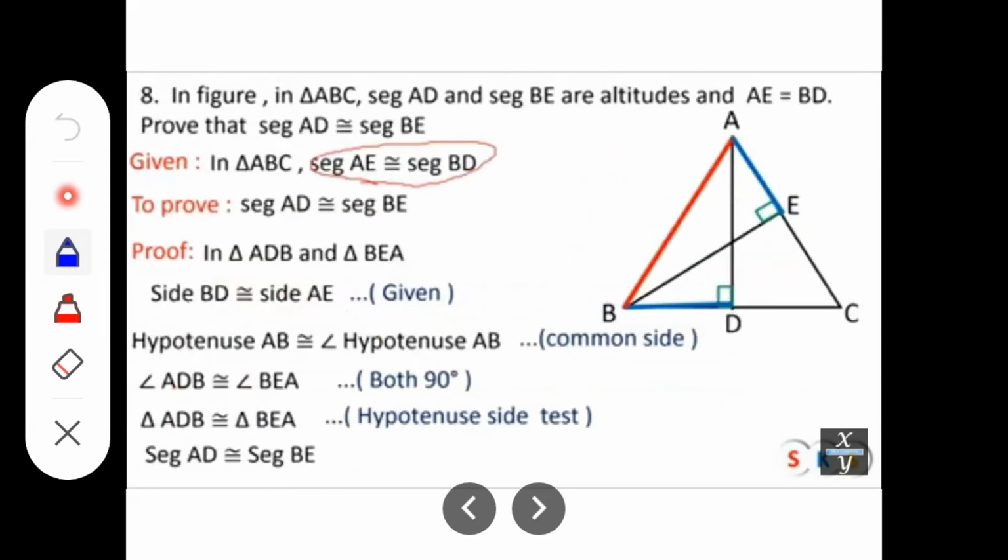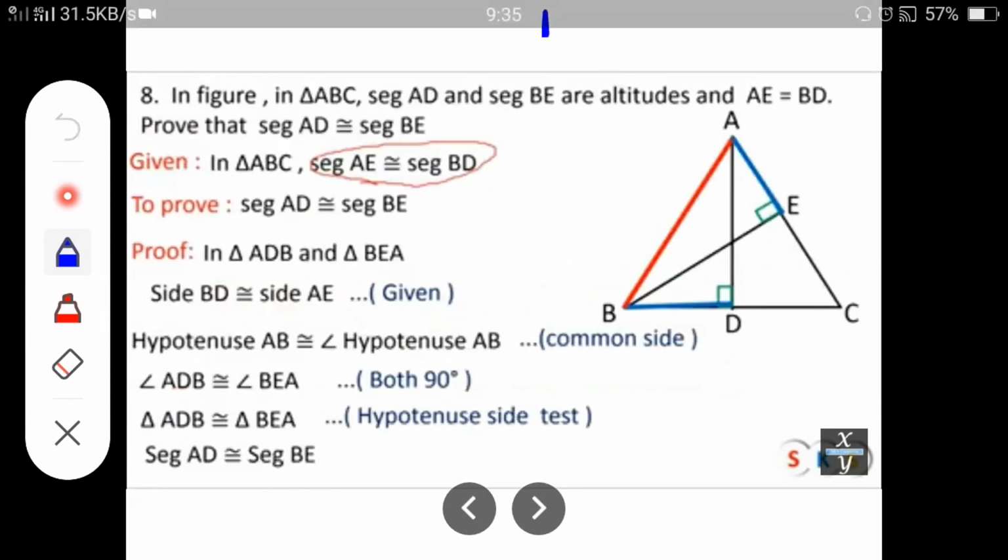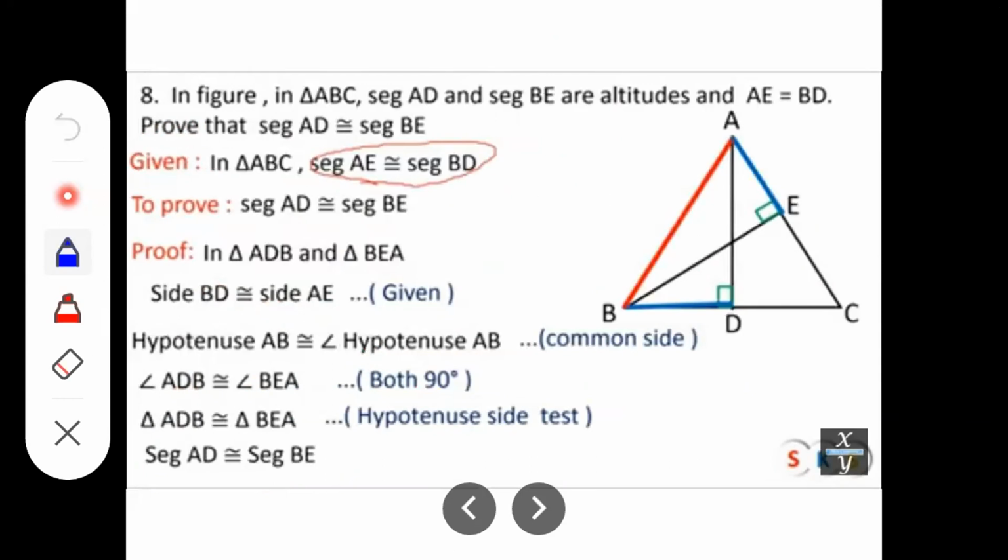Now the last example of this practice set is here. In triangle ABC, segment AD and segment BE are altitudes.